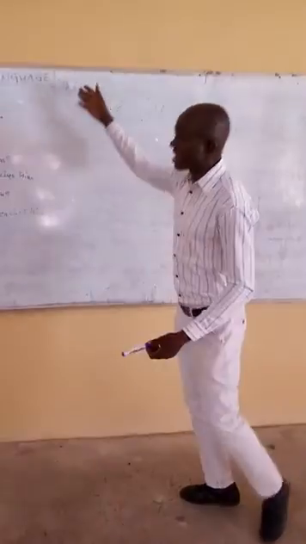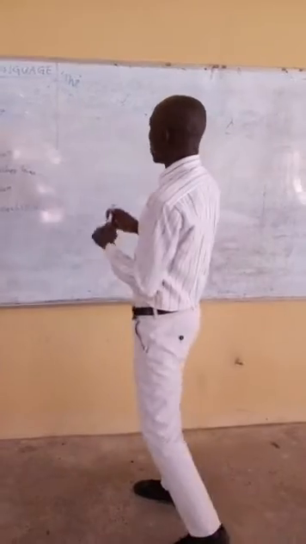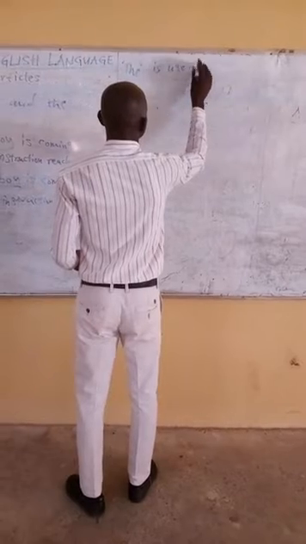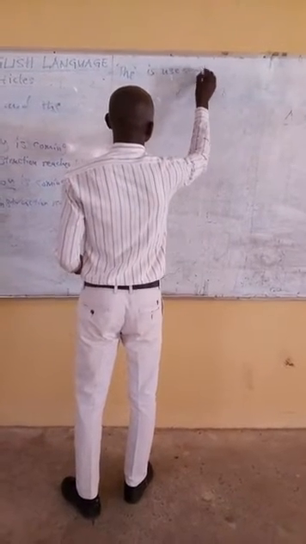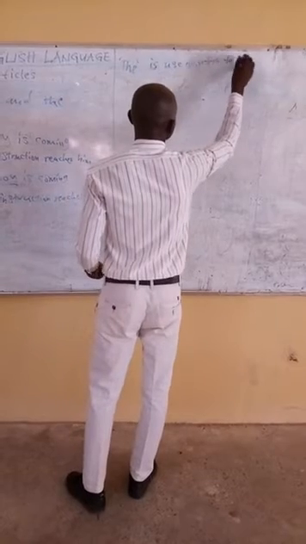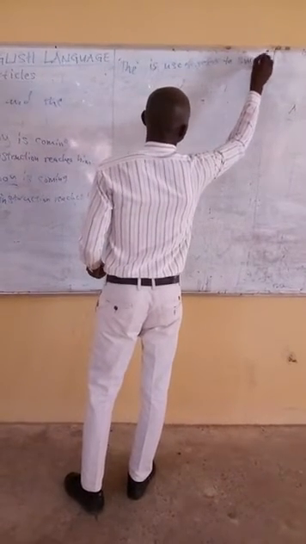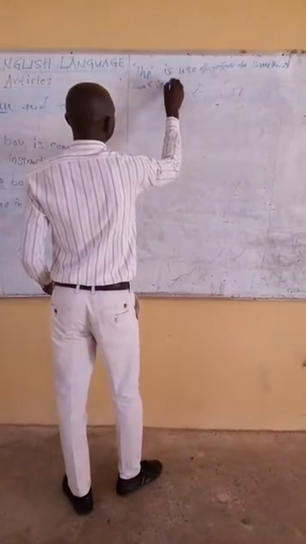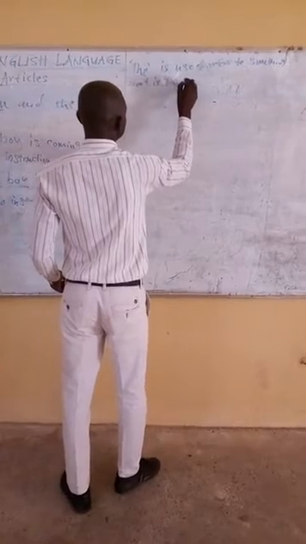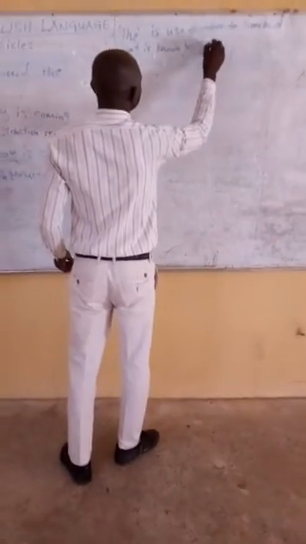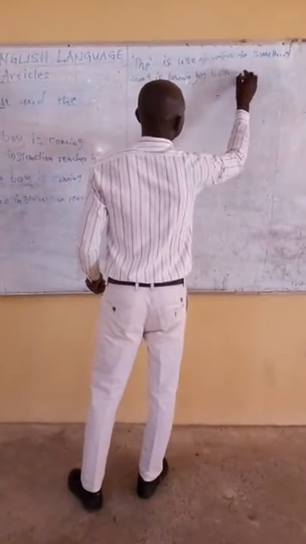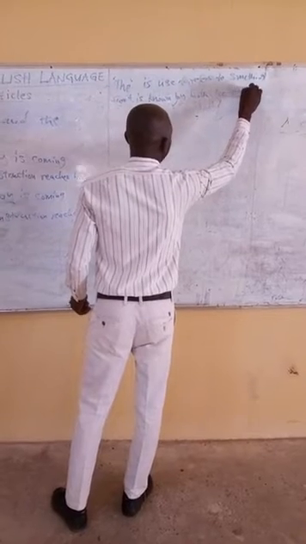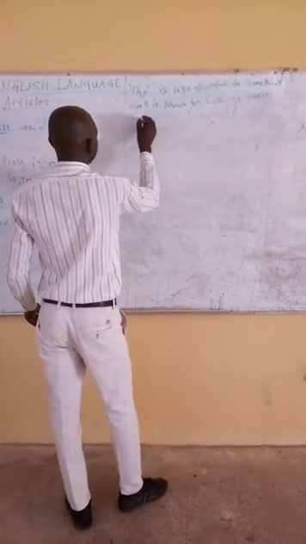So when we are talking about the here, we say that it is used to refer to something that is known by both the speaker and the listener.